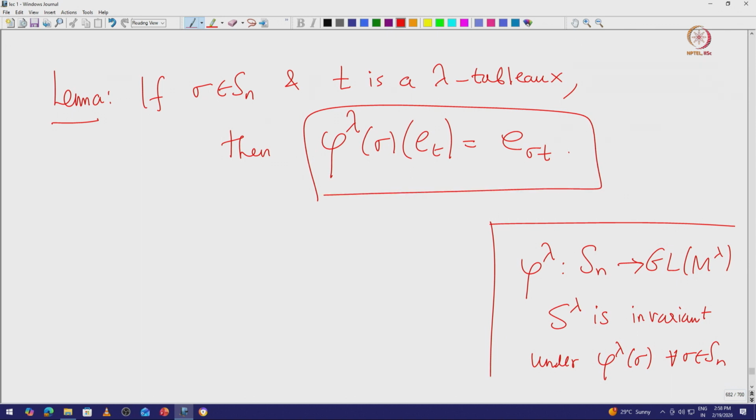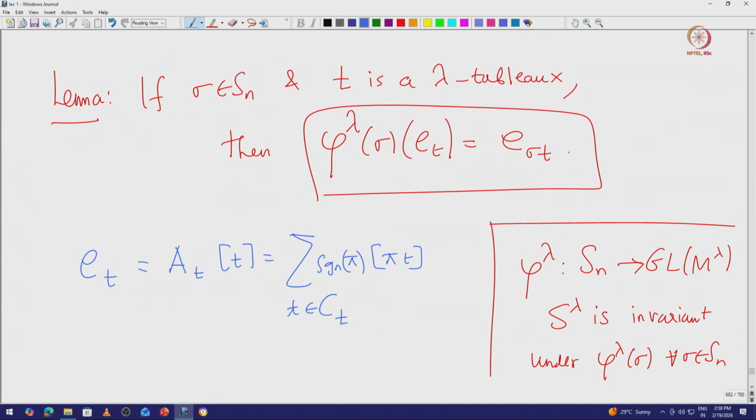To see this, first we need to understand what happens to the column stabilizer, because E_t is defined using this orbit sum over the column stabilizer. So, let us recall what E_t is. By definition, we apply this A_t on t, which is the sum of sign(pi) pi t, where pi comes from the column stabilizer of t.